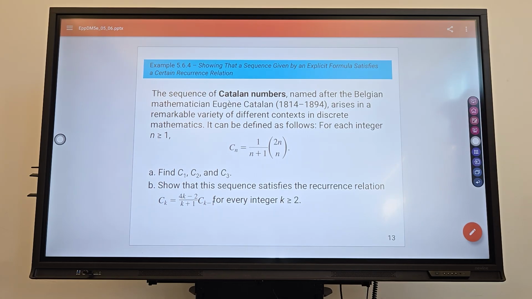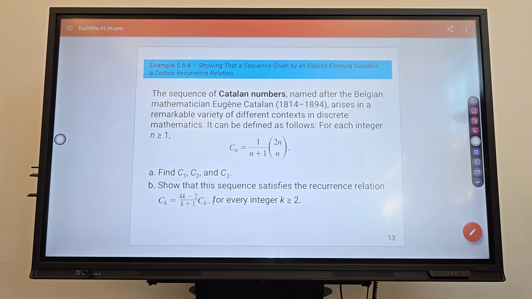The sequence of Catalan numbers, named after Belgian mathematician Eugene Catalan, arises in a remarkable variety of different contexts in discrete mathematics. It can be defined as follows for each integer n greater than or equal to 1: C sub n equals 1 over n plus 1 times 2n choose n.